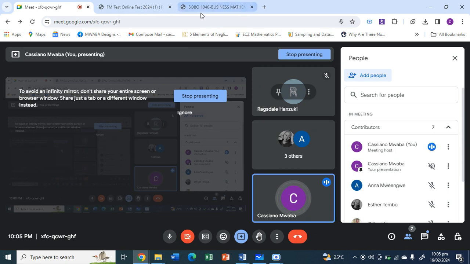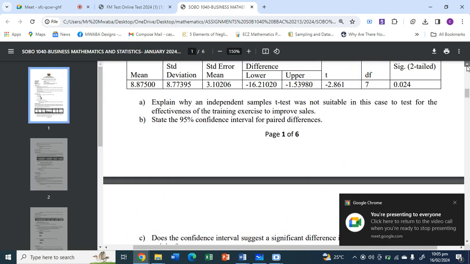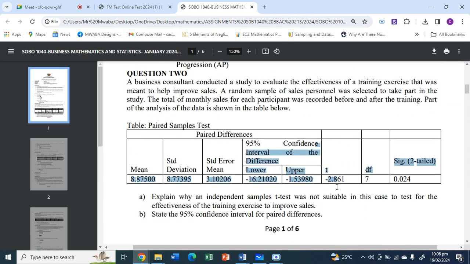Now, when you're dealing with this type of test, especially when you're about to make a decision, your decision will be based on this t value and this one, which is written sig two-tailed. This is called the p value.